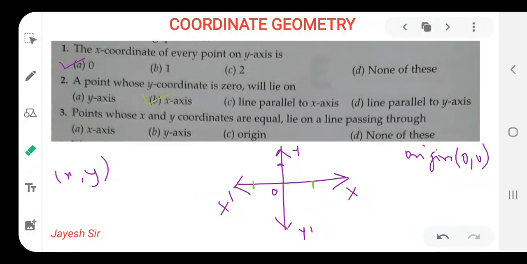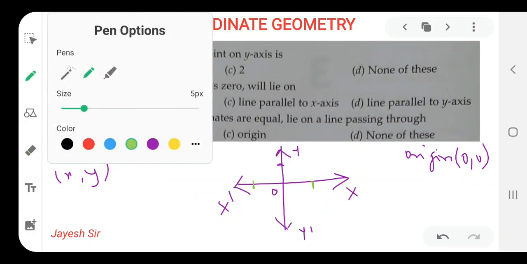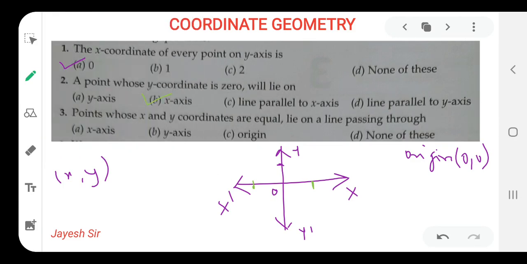So let us begin with the third one. I am changing the pen so that we can see it more easily. The points whose x and y coordinates are equal, that means points like 1 1, 2 2, 3 3, 4 4, must lie on a line passing through the origin.